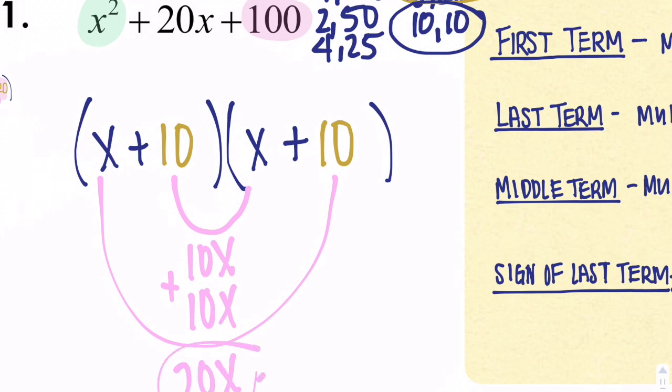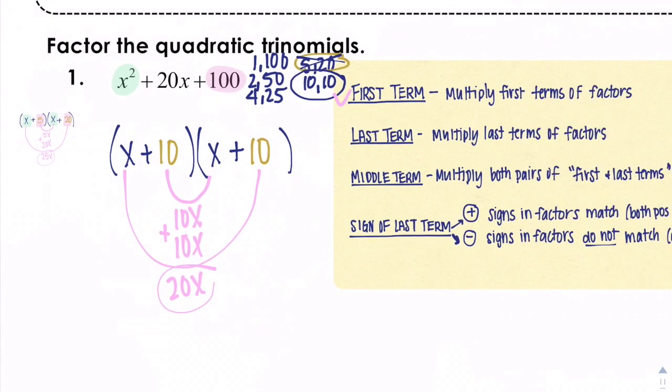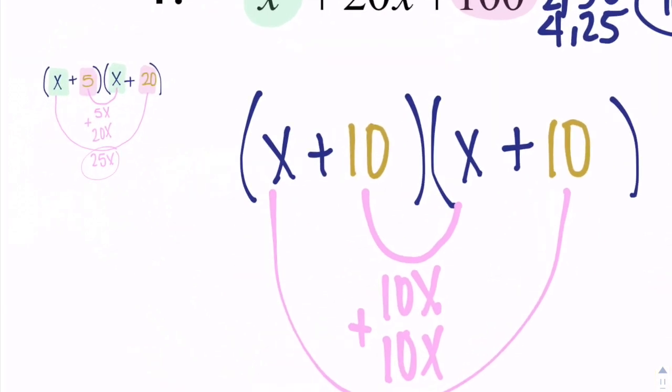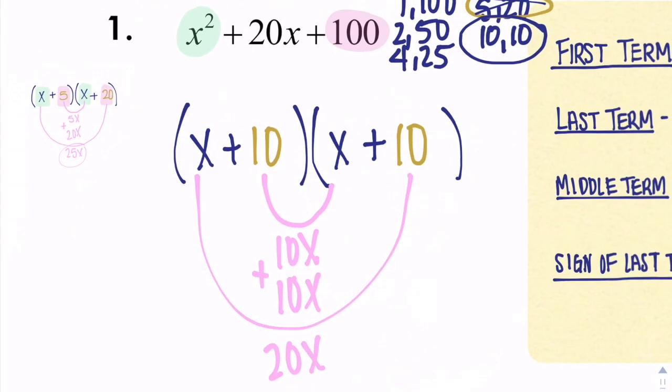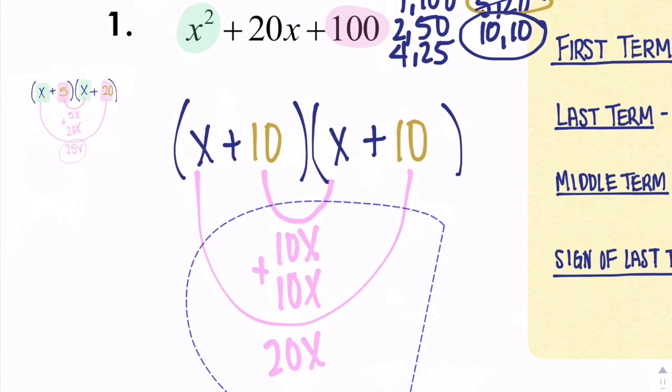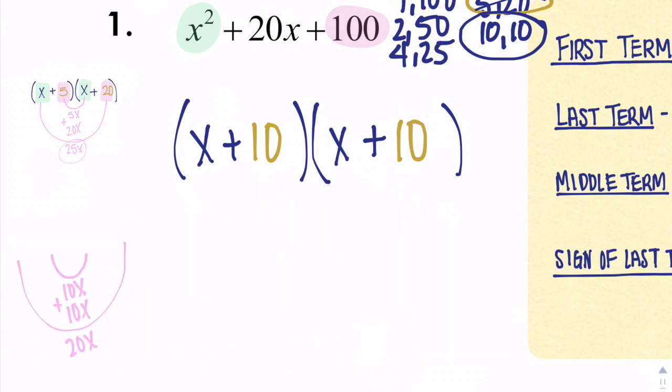And does that match? Yes, it does, right? So now that every single rule has been followed, check, check, check, check, that means that is then my answer. So this right here is how you factor that given polynomial, x plus 10 times x plus 10.